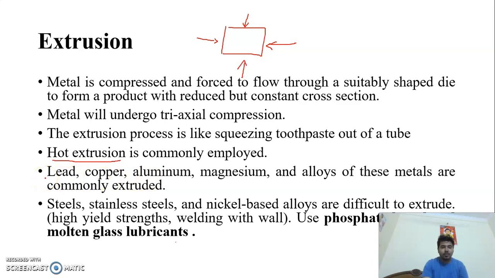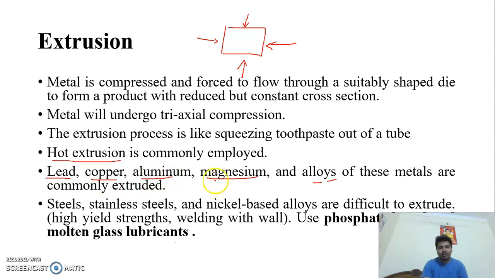Commonly used materials for making extruded parts are lead, copper, aluminium, magnesium, and their alloys. Why are these metals commonly used? These metals are ductile in nature. For making the extruded product, we need a ductile material, because in the extrusion process more deformation occurs.